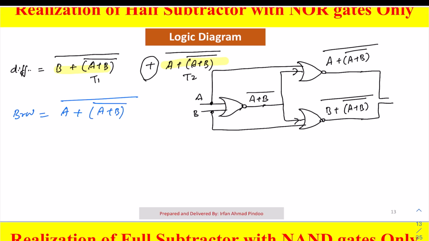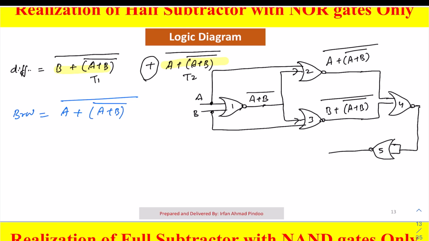But the OR gate also needs to be implemented with NOR gates only. So we will use one NOR gate over here, and this NOR gate output will be given to another NOR gate, which will function as a NOT gate. With this we convert the negative logic into positive logic with gate number 5. Let these be gates 1, 2, 3, 4 and 5.